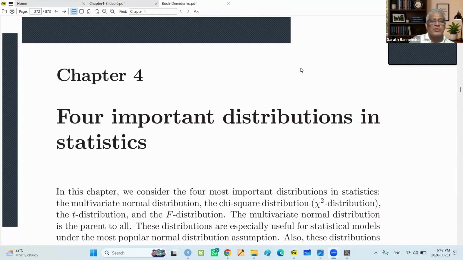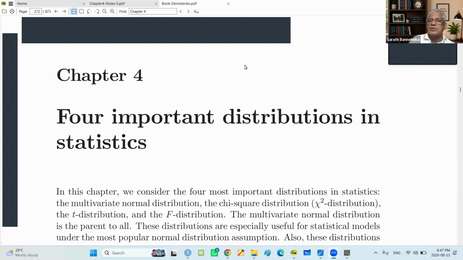This chapter includes four important distributions in statistics, namely multivariate normal distribution, chi-square distribution, t distribution, and f distribution.